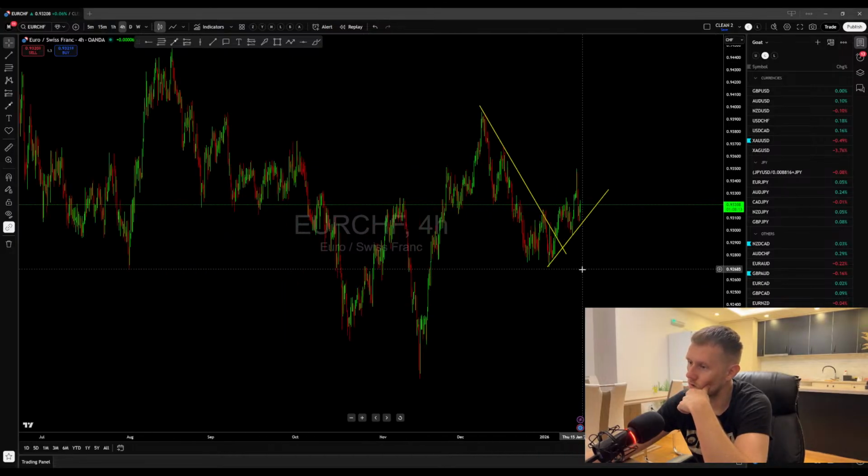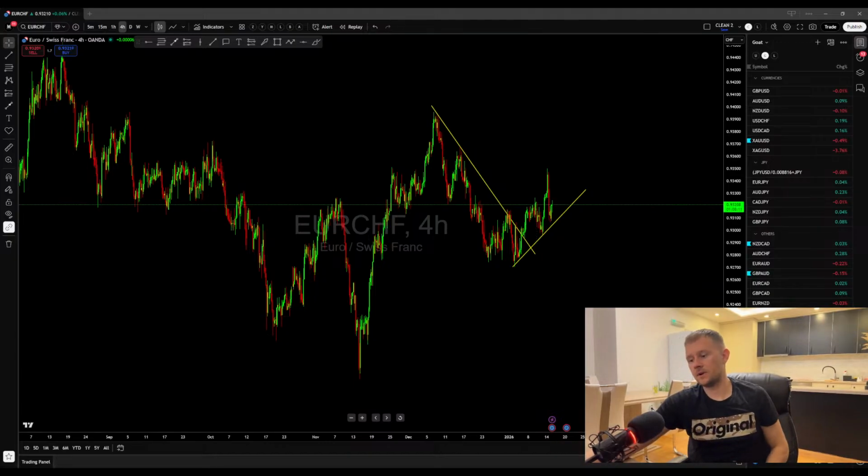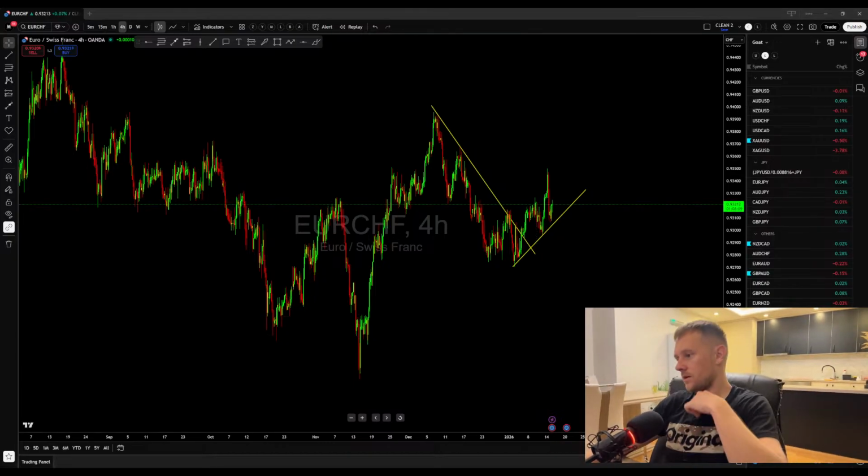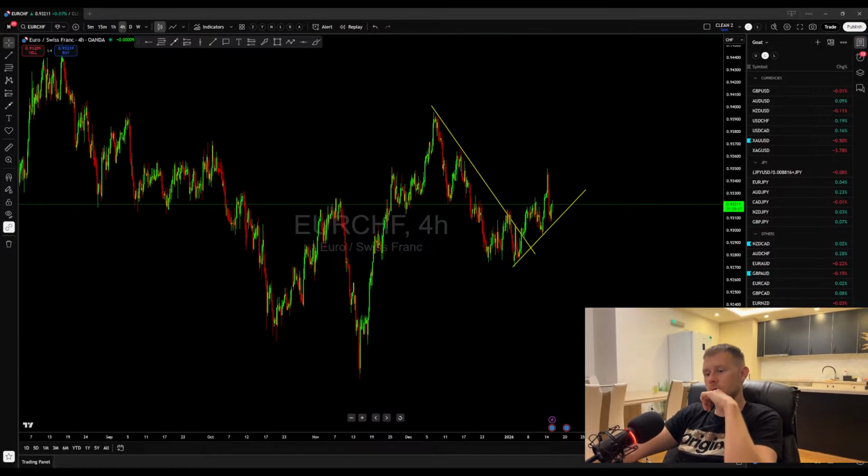I wouldn't touch it. I will let the market give me more data over there. When the chart is not giving me enough data that I can read it correctly, that I can read it properly, I don't touch it until it gives me enough data, a clear enough picture so that I can recognize it.